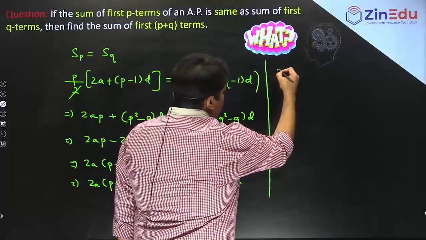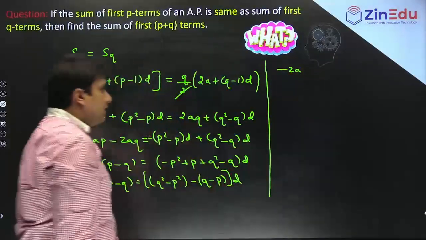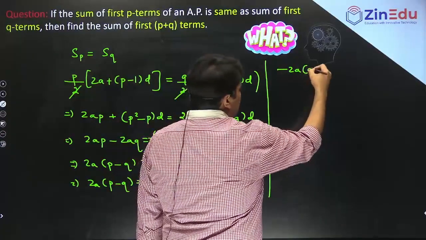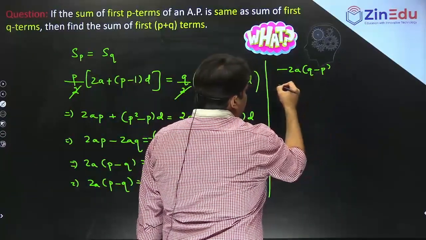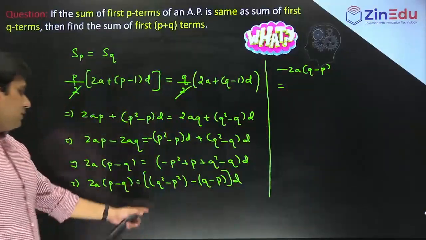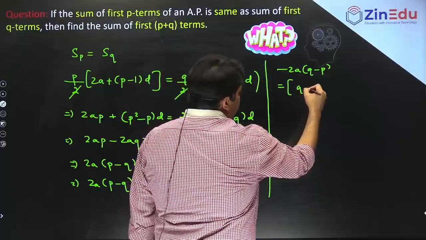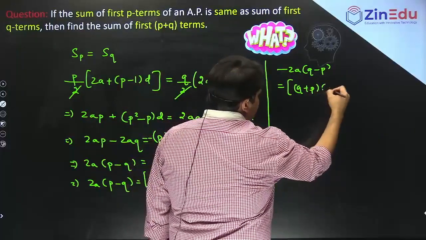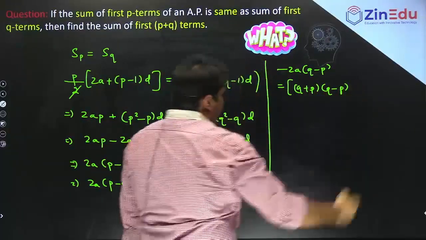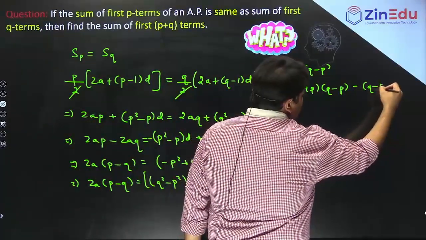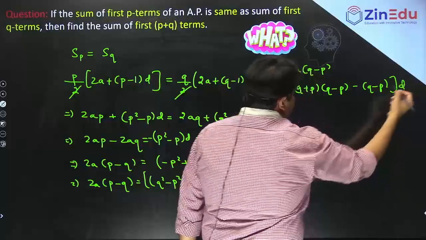So we have negative 2a. I am taking negative sign common from this part, so that we have 2a into q minus p with us being equal to q plus p into q minus p, and we have negative of q minus p with us into d.